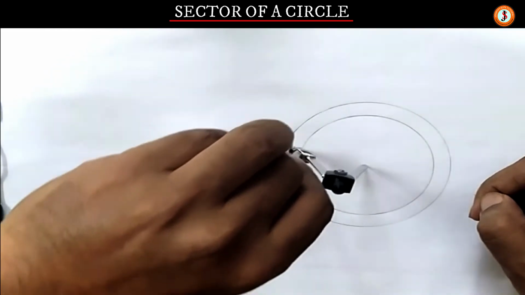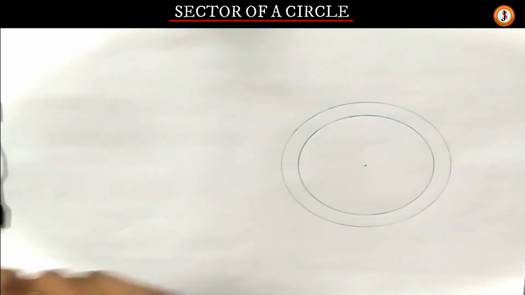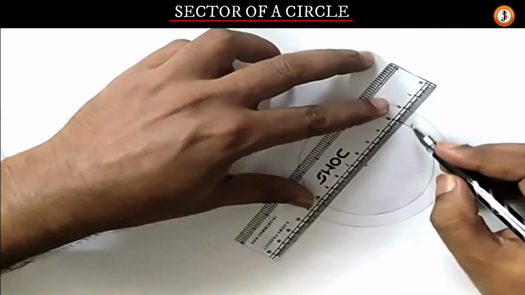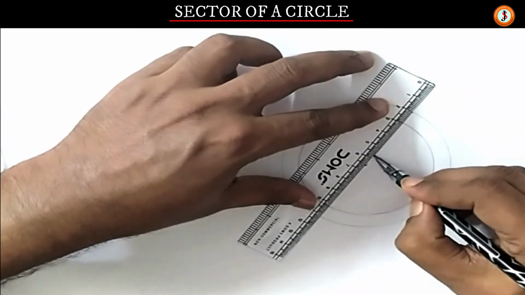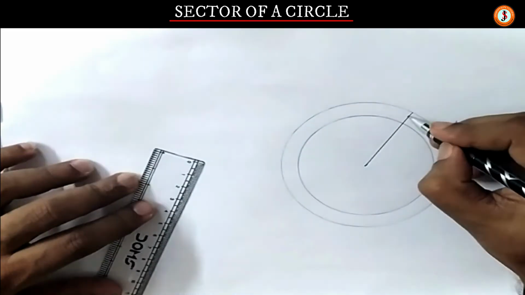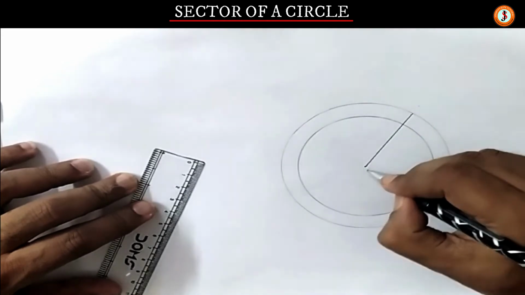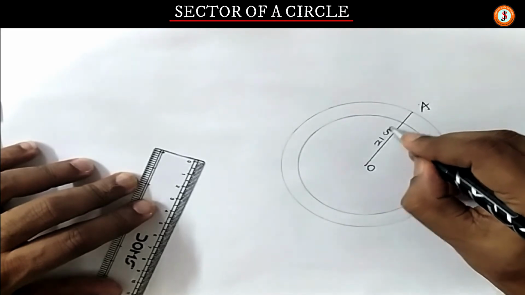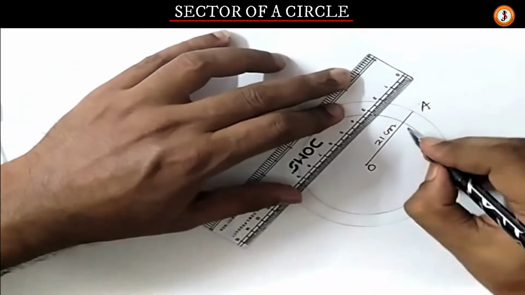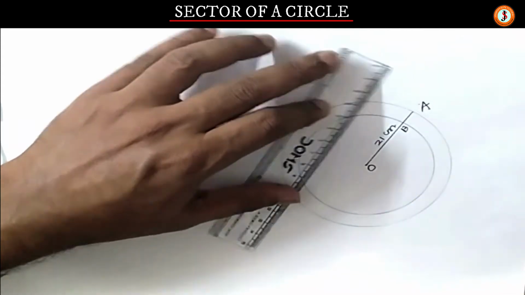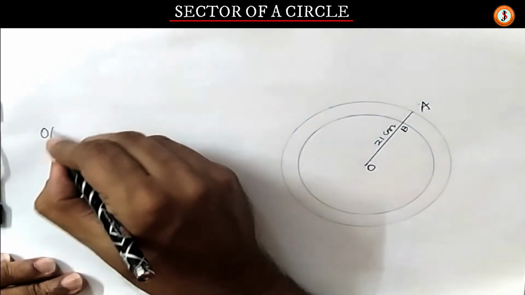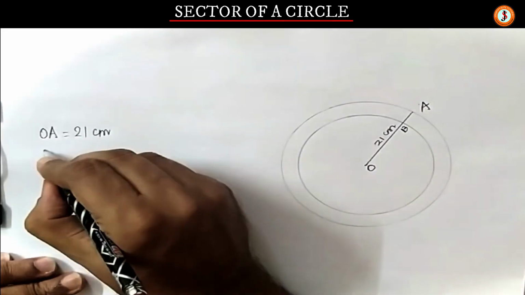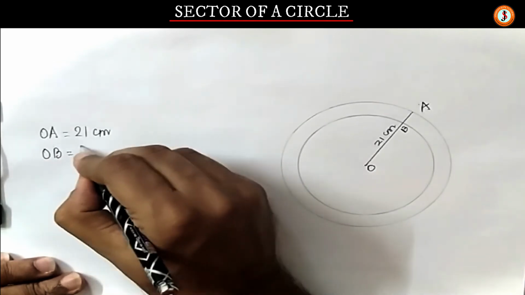They say, for example, that the external radius OA is 21 centimeter, and the inner radius OB is 14 centimeter.